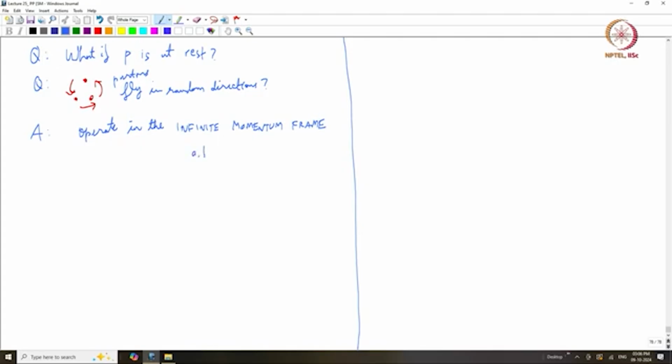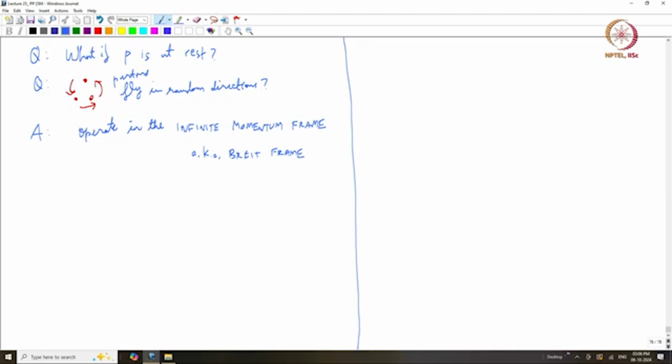Okay. So, this is also known as the bright frame. It means literally what it sounds like. Basically, you have to imagine seeing this proton from an inertial frame which has infinite momentum.